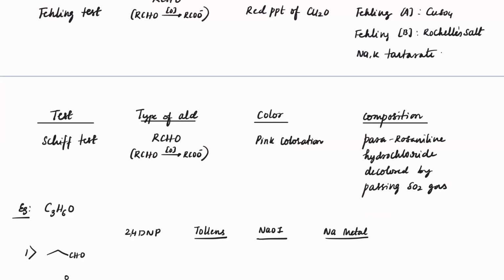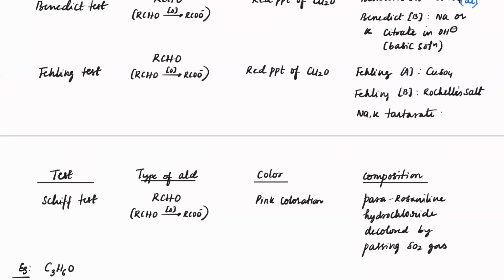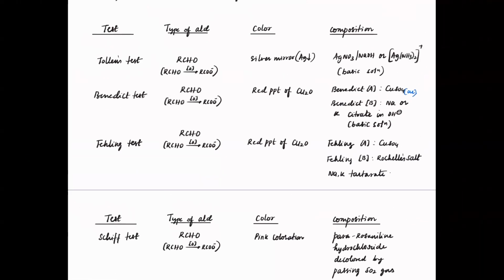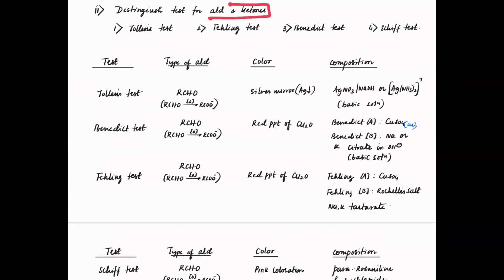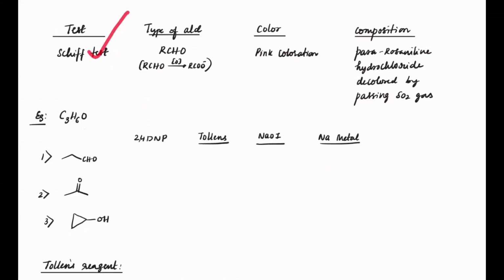What exactly is that? I'll show you with equations, don't worry. But this is the overview of distinguishing aldehydes and ketones using these four tests: Tollens, Benedict, Fehling's, and Schiff test.